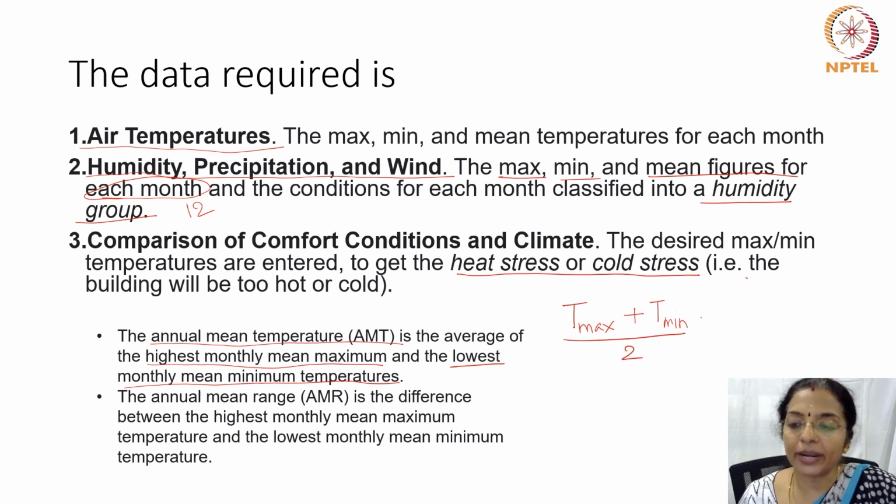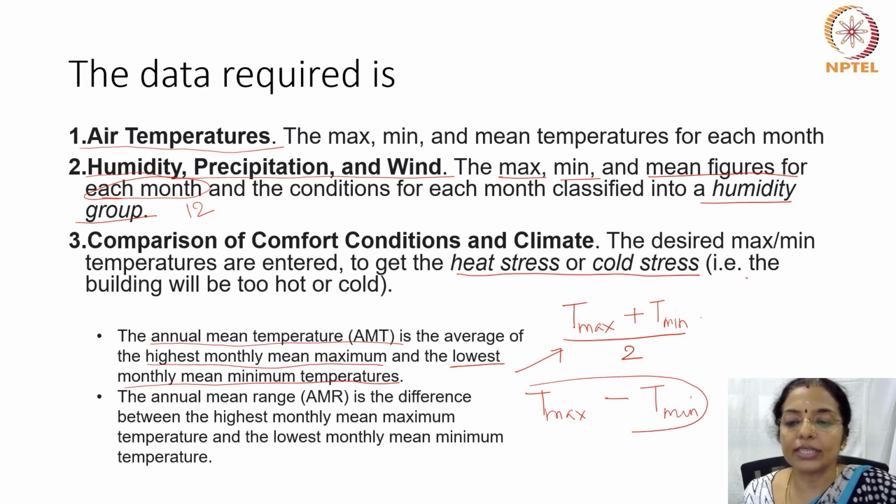I will be explaining all this in detail in the forthcoming slides, but I'm just trying to already familiarize you with these. The annual mean range or AMR is the difference between the maximum highest mean temperature and the lowest monthly mean temperature. So this is called as AMR.